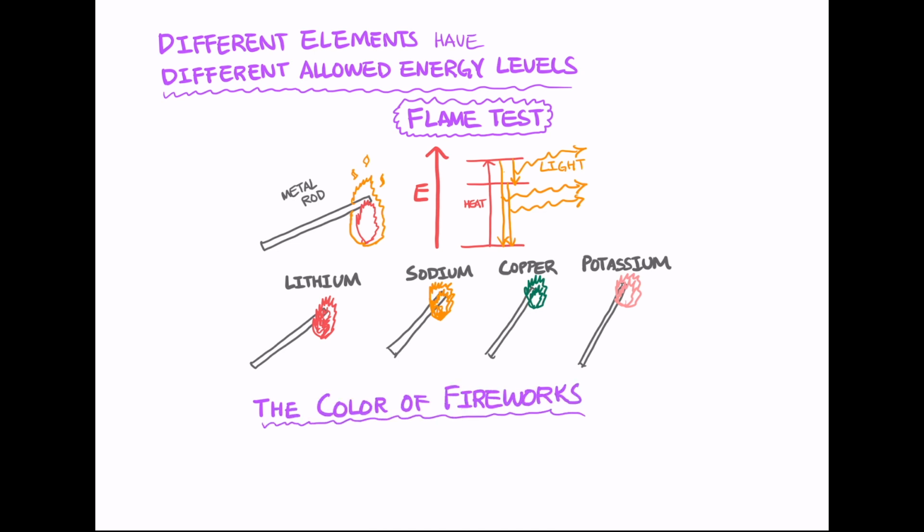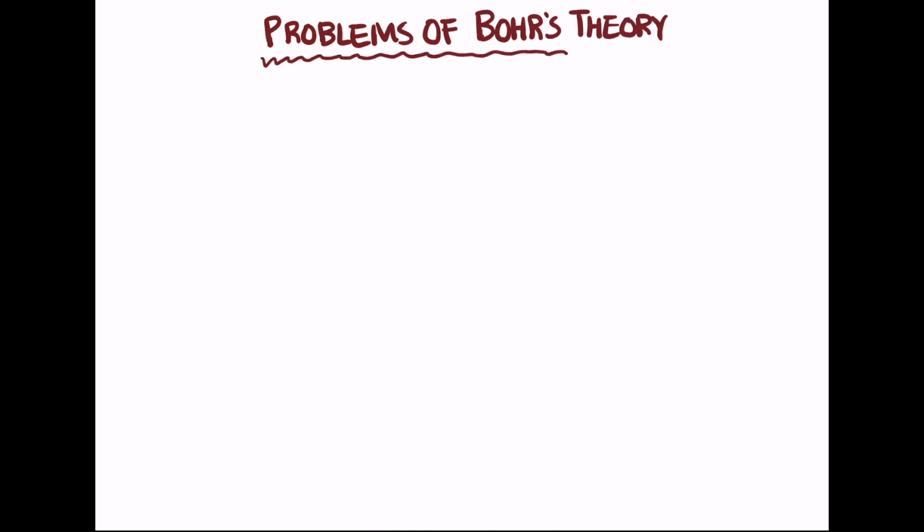The Bohr theory predicted the frequencies extremely accurately for the hydrogen atom, proving itself to be a massive success. However, it is definitely not perfect. It has two huge problems. The first is that the Bohr theory can only be applied to single electron atoms.